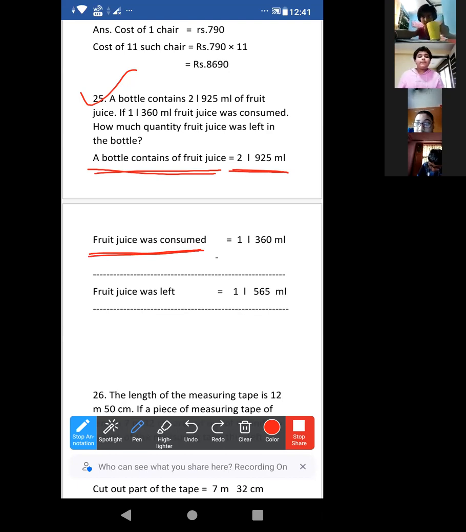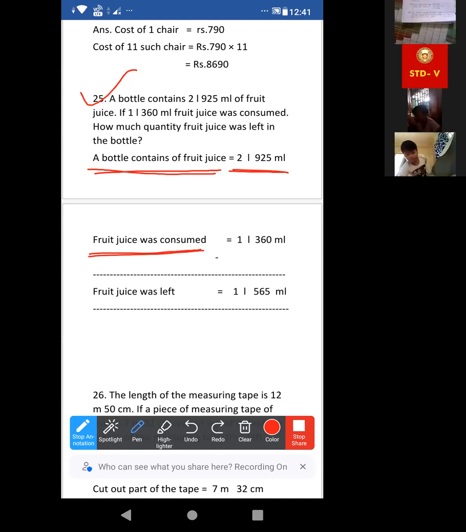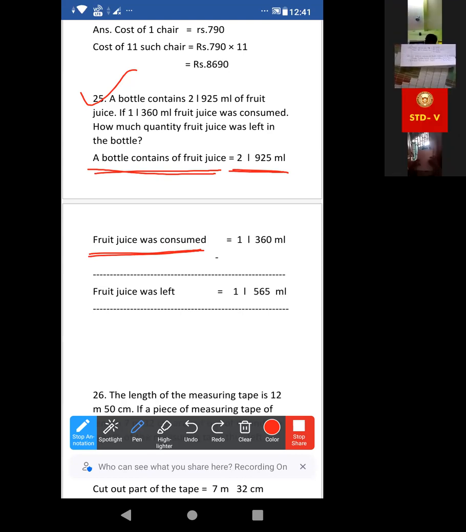Fruit juice was consumed. Snehapan, good. Junaid, written the statement too. Shuhana, good. Ipshita, okay. I am moving to the next one.